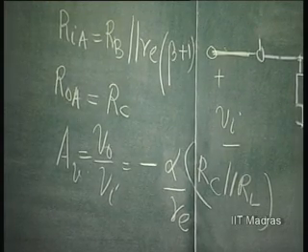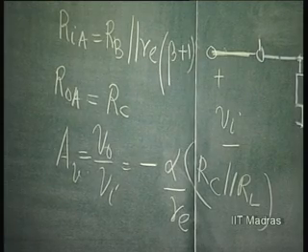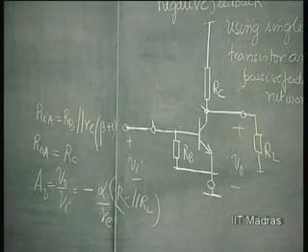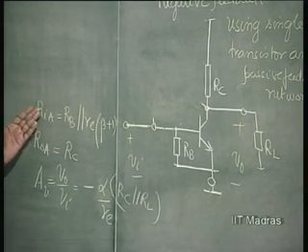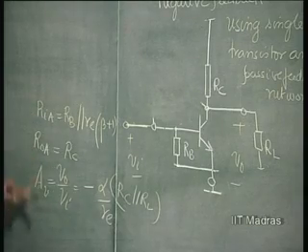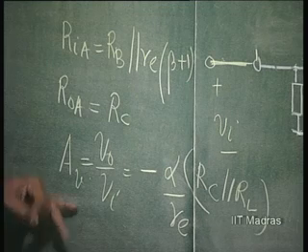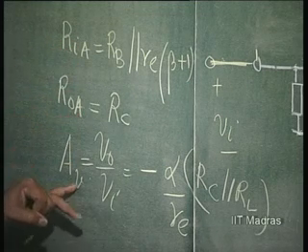So, we also know now all the parameters associated with the amplifier without feedback. Just as in the earlier case, I gave you the input impedance, output impedance and open circuit voltage gain. Here also I am giving you input impedance, output impedance and open circuit voltage gain.